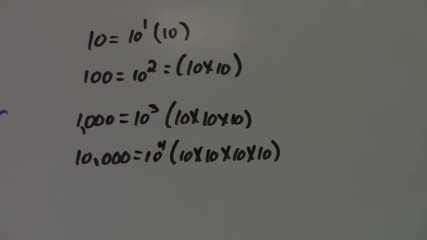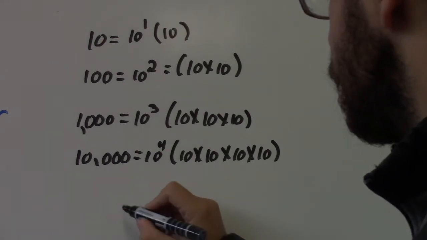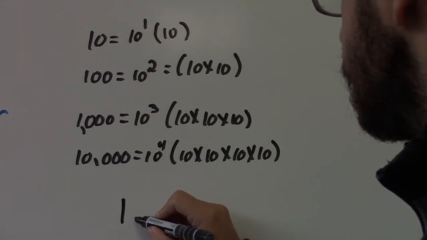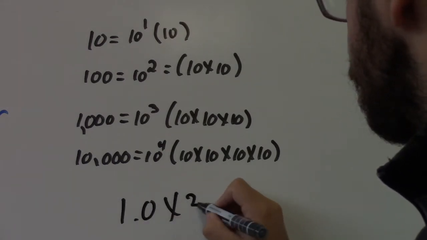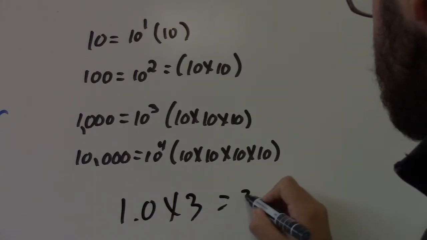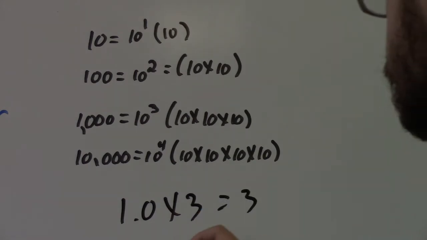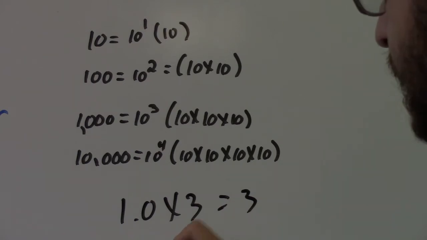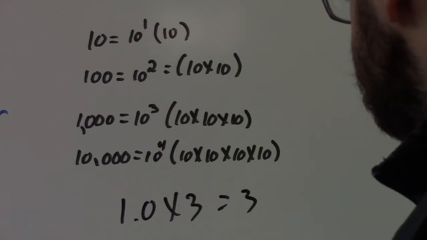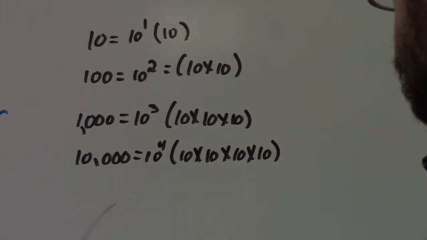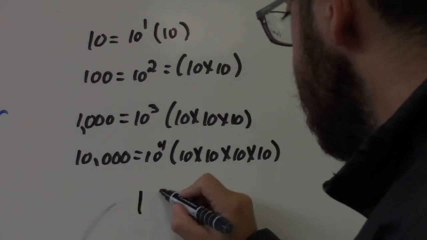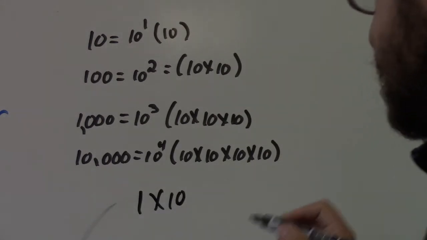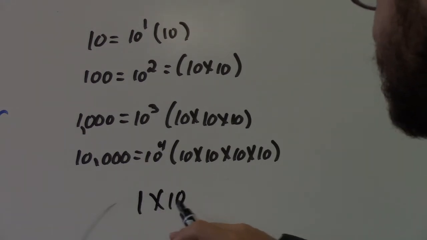And then, as we know, if you add a 1 in front of anything, like 1.0 times 3, that's 3. So the same concept applies when you do 10. So 1 times 10, essentially you're just saying that 1 times 10 is 10.